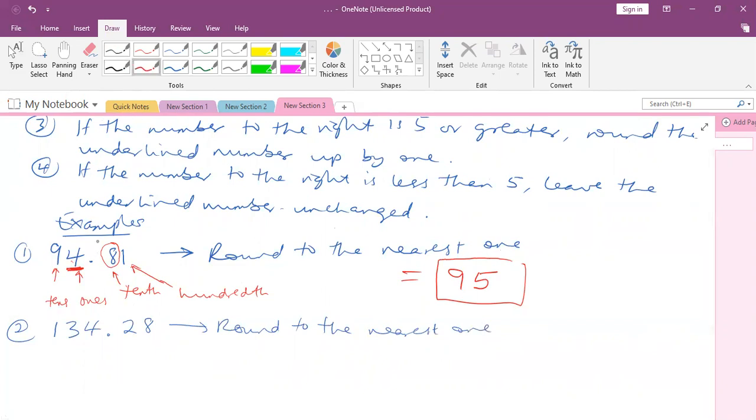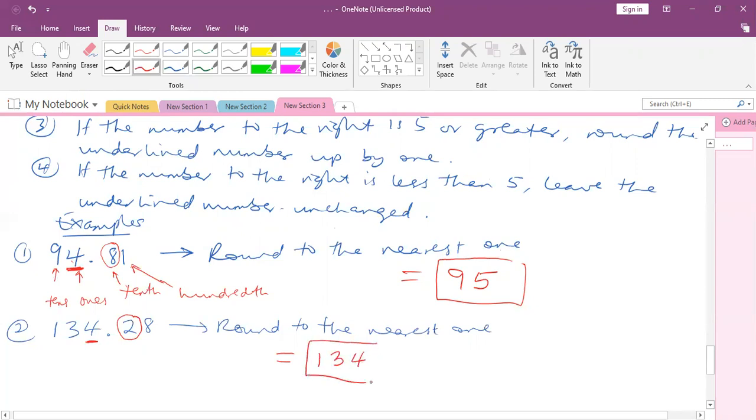This is the ones column, so I underline the number 4. I go to the number to the right of the underlined number. When I examine this number, it is less than 5, so the underlined number is going to remain unchanged. If I round this to the nearest one, the answer will be 134, and the underlined number remains the same.